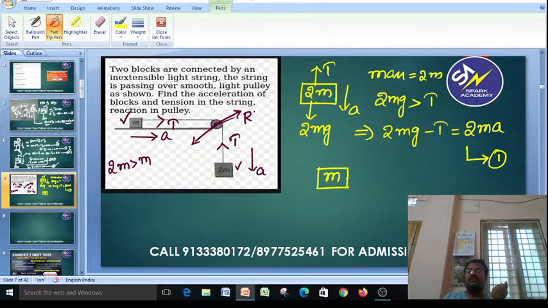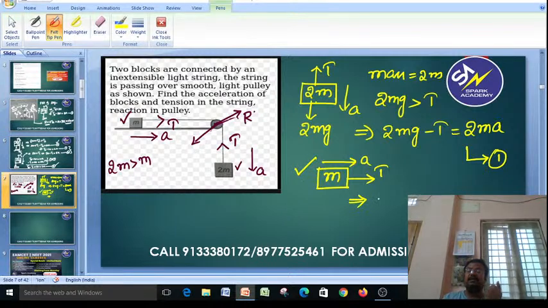So the remaining force is tension T acting in this direction, and the acceleration of the block is also in this direction. So directly write the free body diagram of the m block.